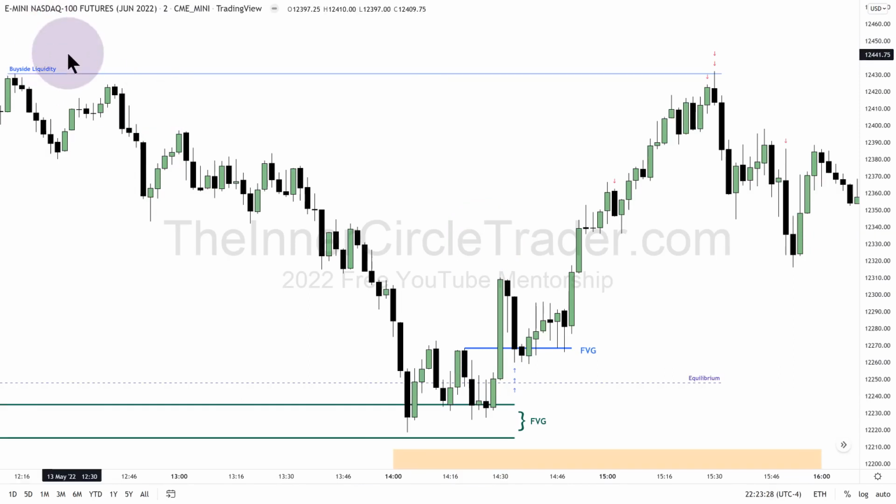Liquidity was above here. The day was bullish. The algorithm kept pricing higher and higher and higher. And the logic was delivered here. So look at where the arrows are for entries. And this was a failure on my part. I didn't get the price I actually wanted.